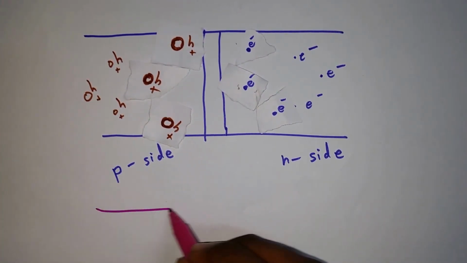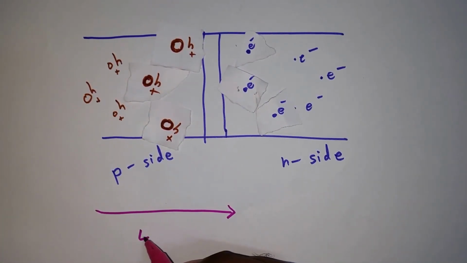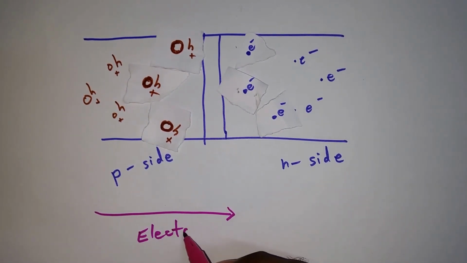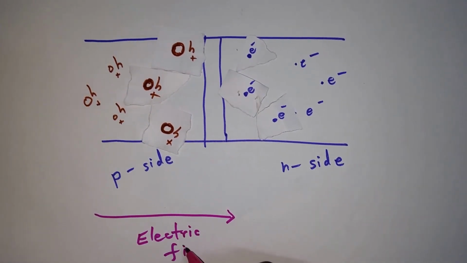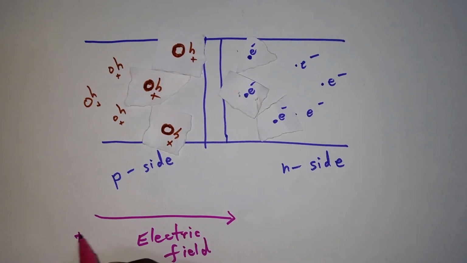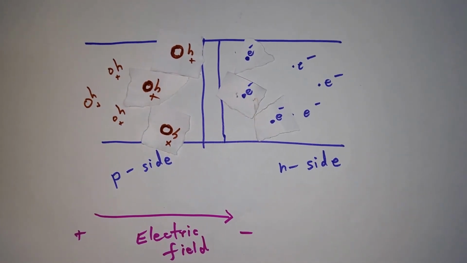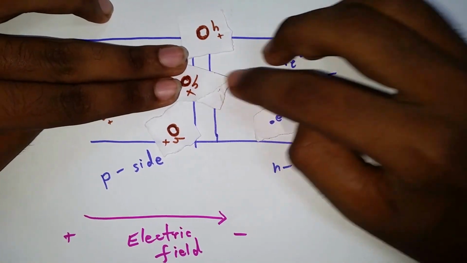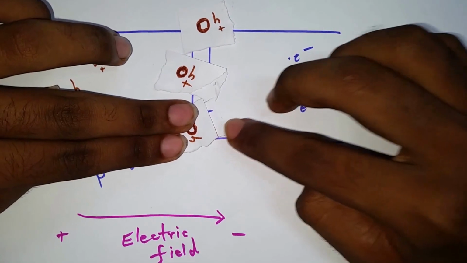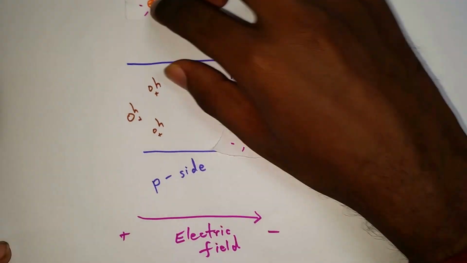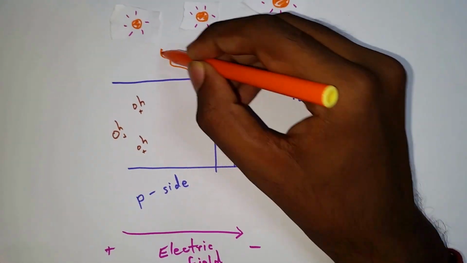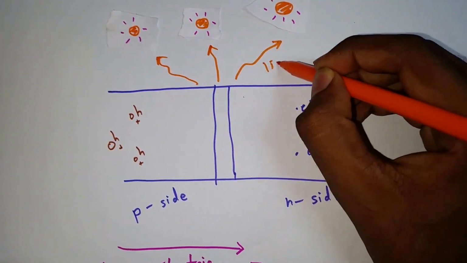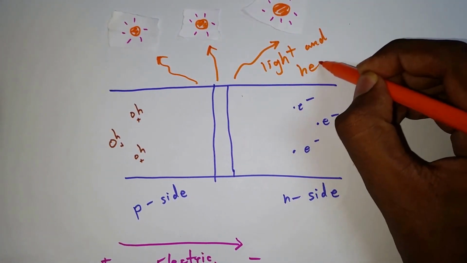On the application of an electric field under forward bias directed from the P side to the N side, the holes, repelled by the positively charged field, move towards the junction, and so do the electrons from the N side to the P side. Because of this, recombination of holes and electrons happens at the junction. A recombination releases photons from the junction, which we perceive as light and heat.